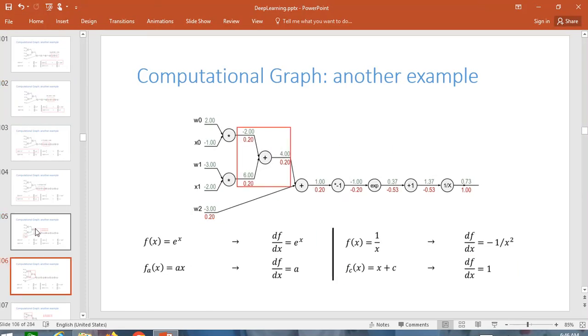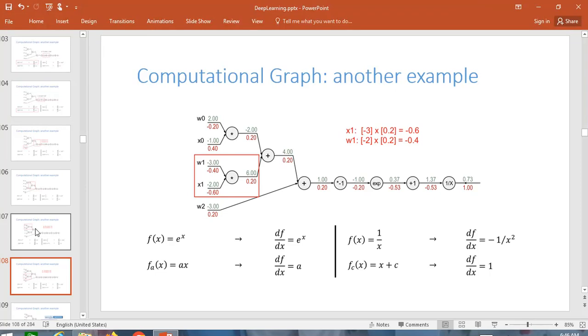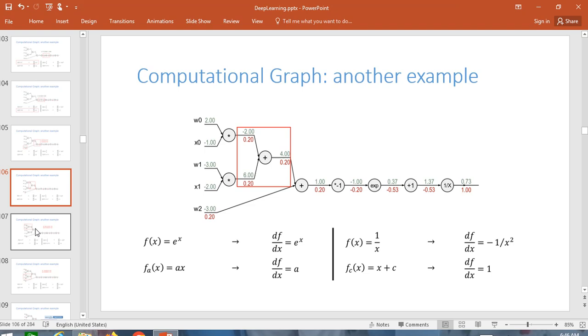Here. This can be called a supernode. You can see the local gradient of this supernode, this hypernode in the slide. We use the same rule.